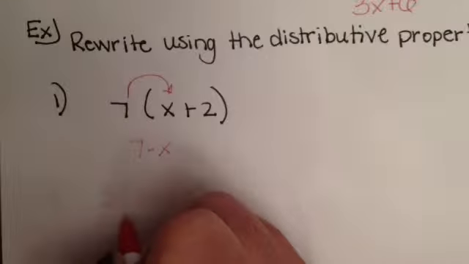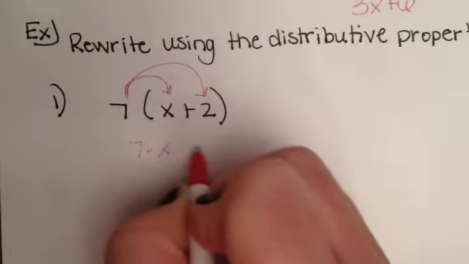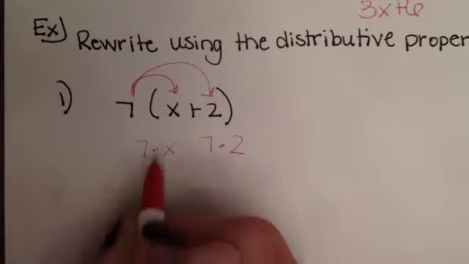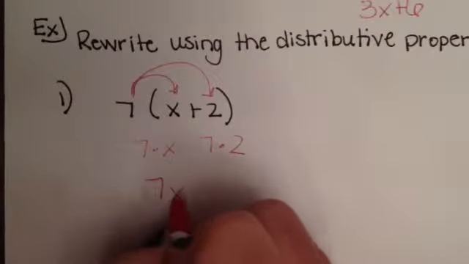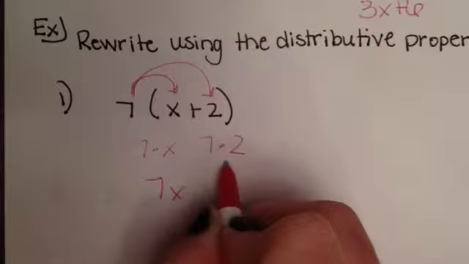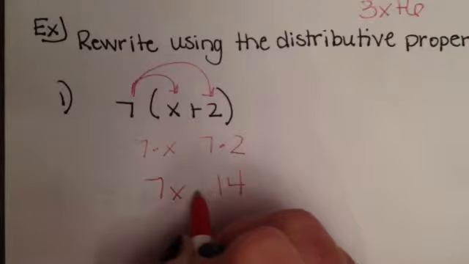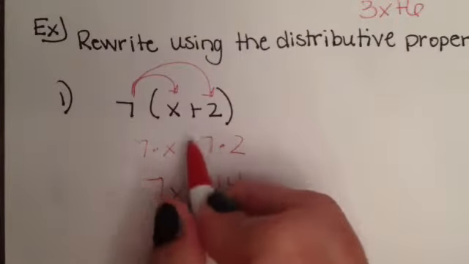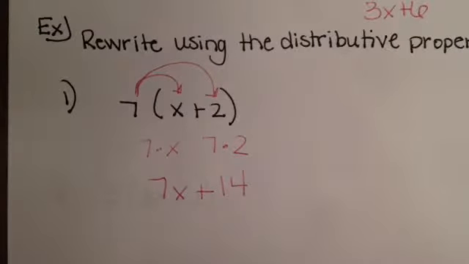What else must we do? 7 times 2. 7 times x is 7x. 7 times 2, 14. What should go in between here? Exactly, there's a plus sign inside here, so a plus sign in between. Our answer is 7x plus 14.